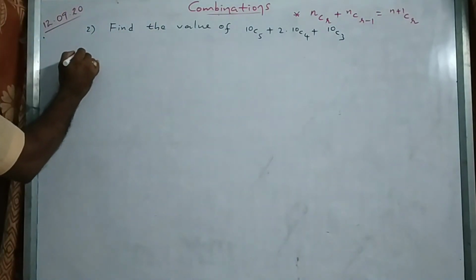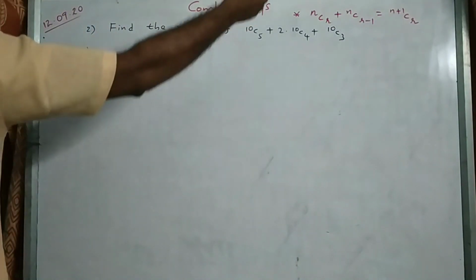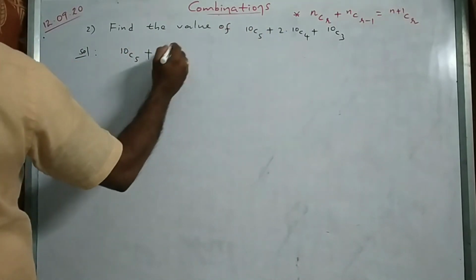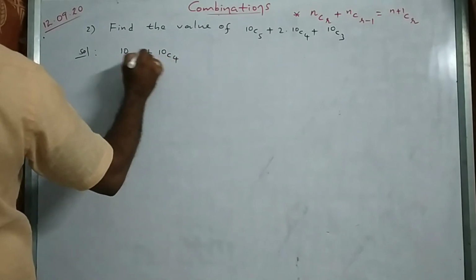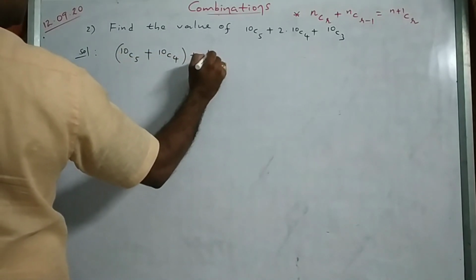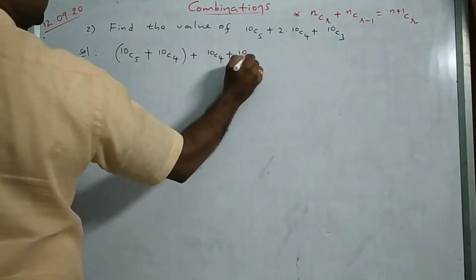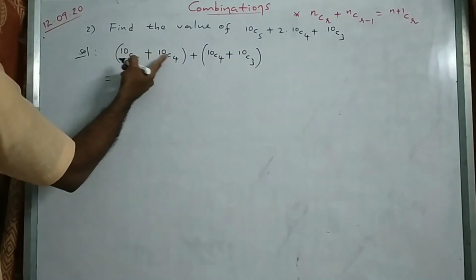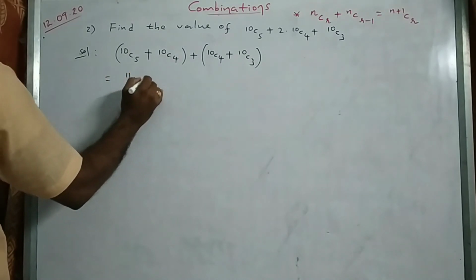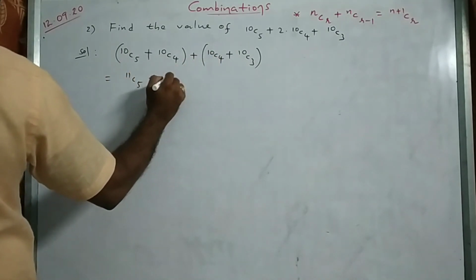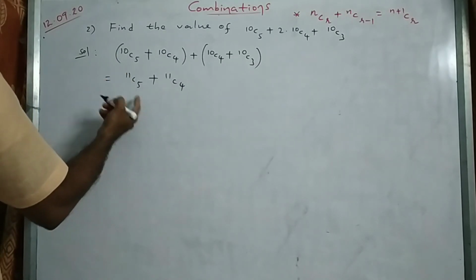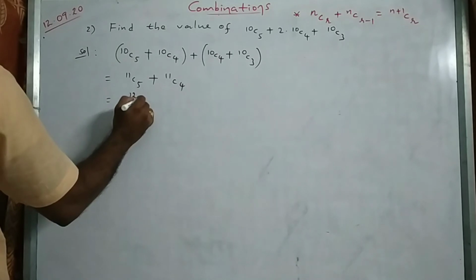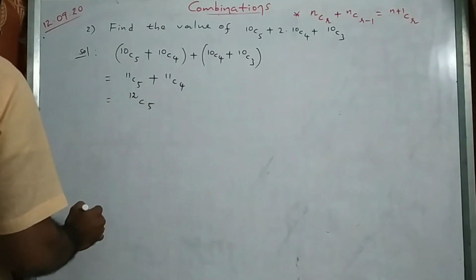Now you see here, I'll just rearrange to that form. 10C5 plus 2 10C4 we have, so I'll take one 10C4 here, another 10C4 as it is plus 10C3. Now looks like that formula, NCR plus NC(R minus 1), so 11C5 plus this also same 11C4, again same, NCR plus NC(R minus 1), (N plus 1)CR, 12C5.